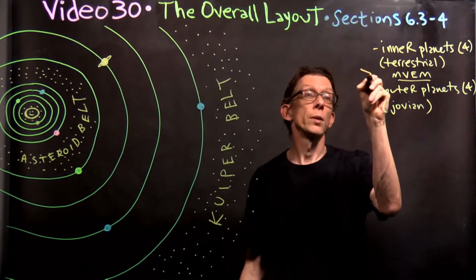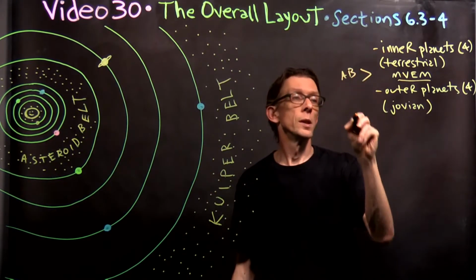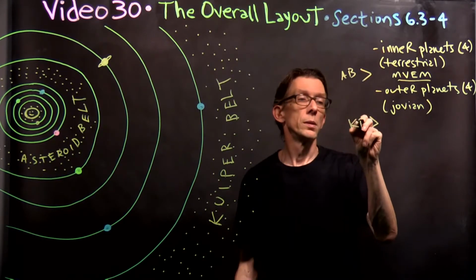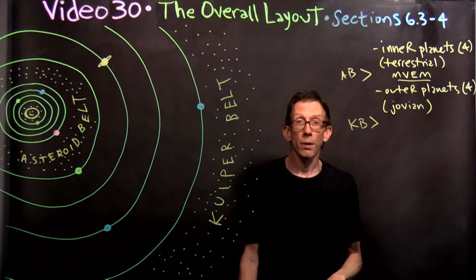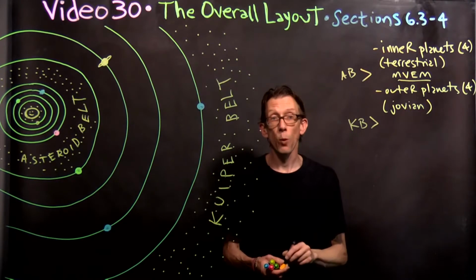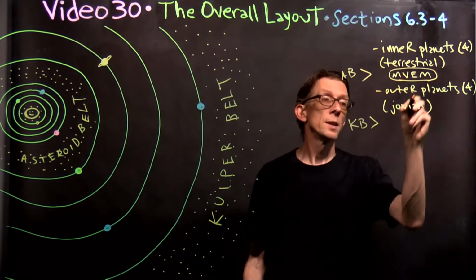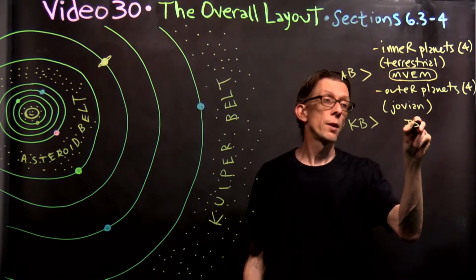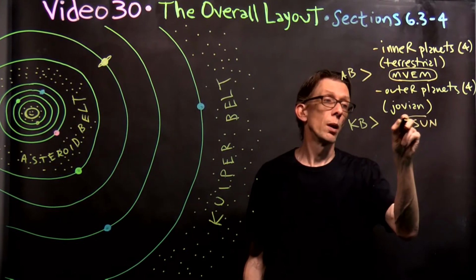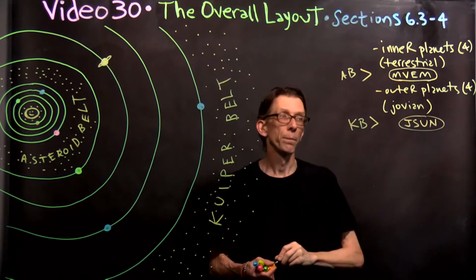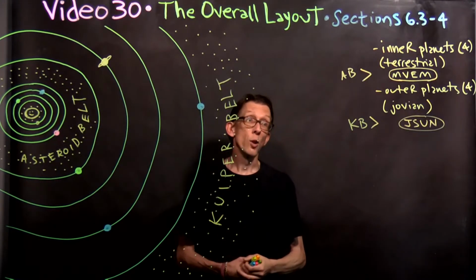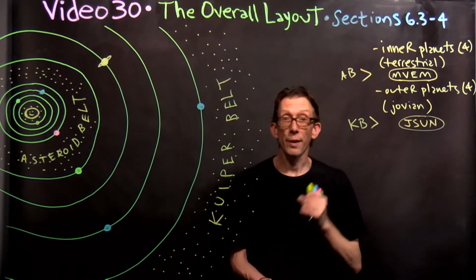So the asteroid belt is in here, and the Kuiper Belt is out there. 2 belts, 8 planets, 2 groups, 4 in each. Mercury, Venus, Earth, Mars are terrestrial planets, and Jupiter, Saturn, Uranus, and Neptune are the outer planets, the Jovian planets, and then the Kuiper Belt comes after that.